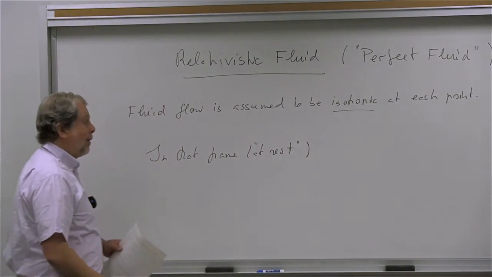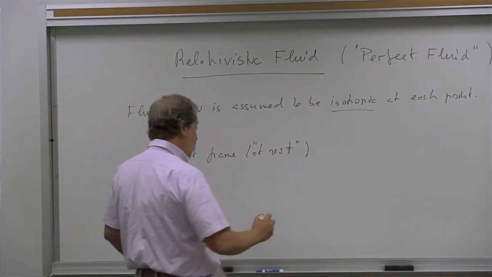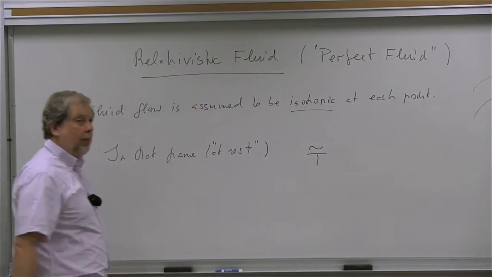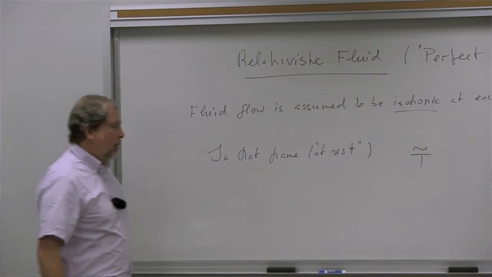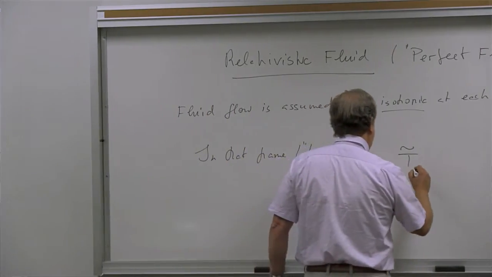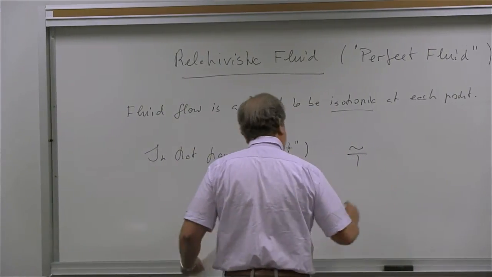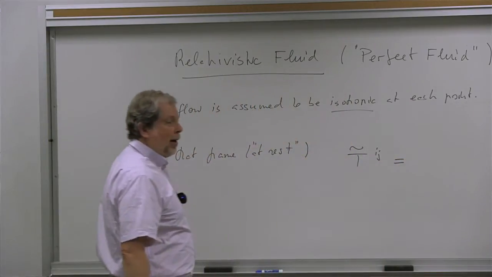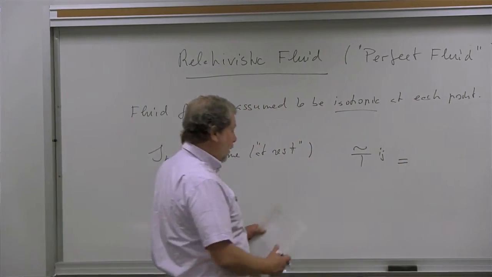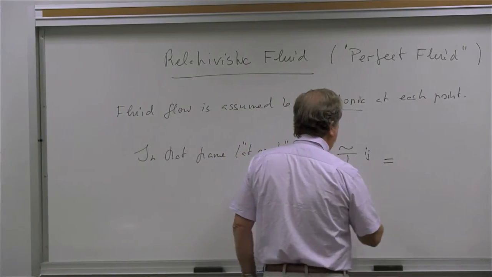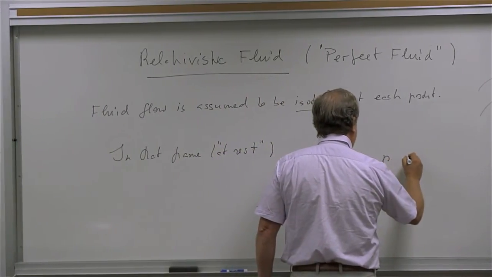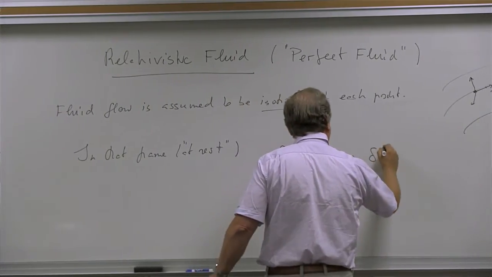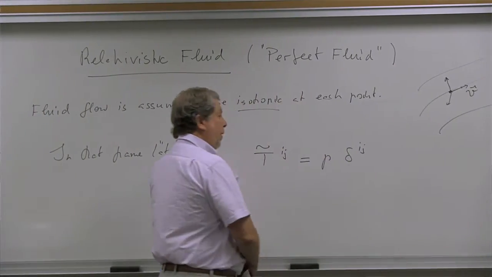And so in that frame, which is at rest, we have that the energy momentum tensor has to have a very simple form, right? We denote by the tilde the energy momentum tensor in a frame that is at rest, so it will have components i and j. So we denote that by T̃ij. And because it is isotropic, the only tensor that will come in at this stage is just delta ij, the Kronecker delta symbol.